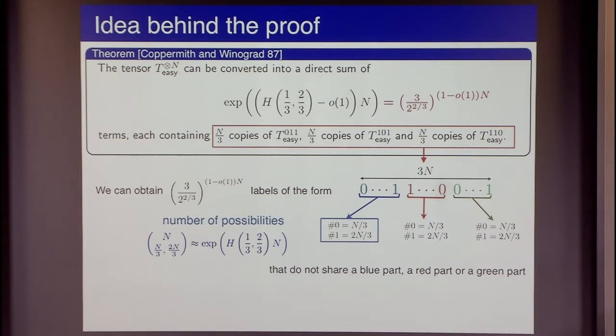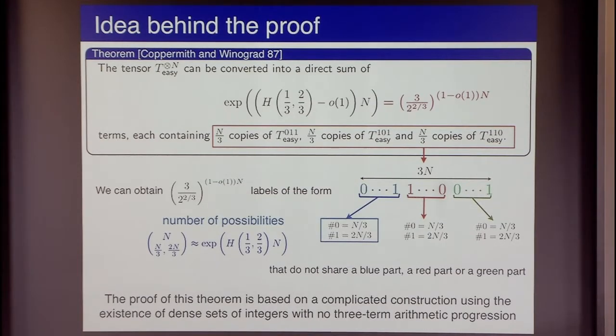So you can almost saturate this bound. It's a very strong theorem, and it's based on a quite complicated construction using the existence of dense sets of integers with no 3-term arithmetic progressions. It's a quite complicated probabilistic argument on the existence of such a way of converting the sum into a direct sum of this number of terms.